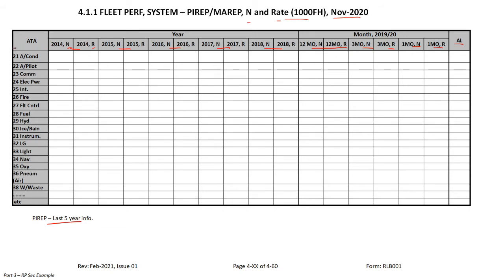And on the left side, definitely we have all these ATAs, all these systems, starting from 21 and ending, as we said, 80.